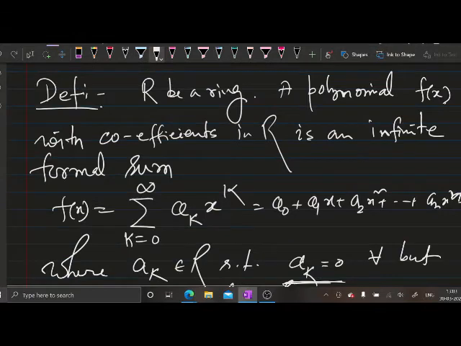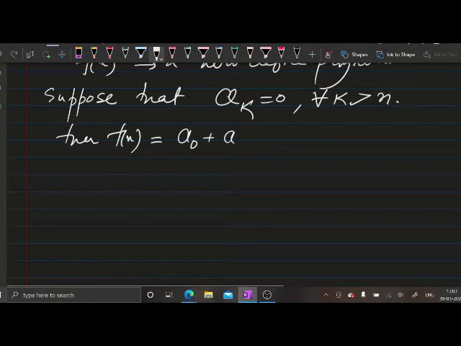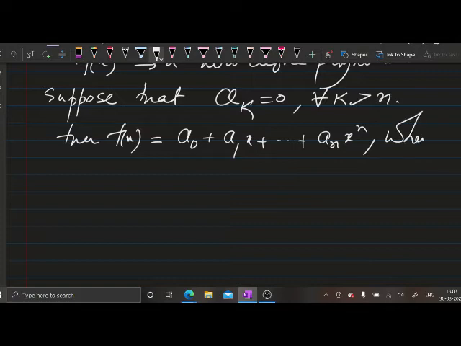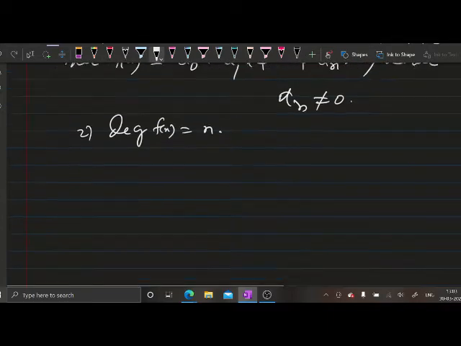So f(x) is a0 plus a1x up to an x to the power n, where this an is non-zero. That means n is the largest positive integer for which an is non-zero. So you can say that the degree of f(x) is n. So this is a polynomial of degree n.